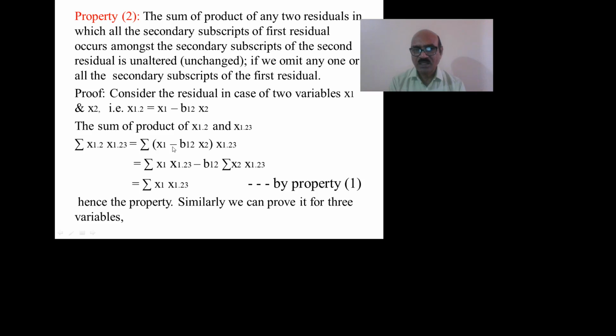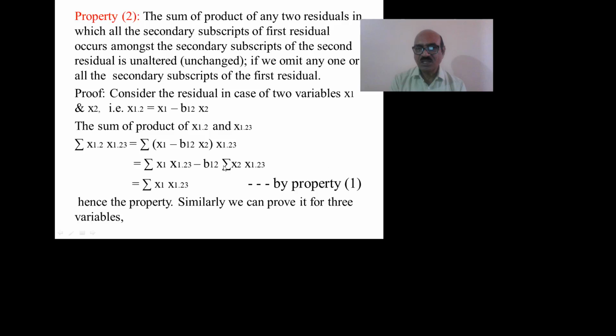Now I'll multiply inside the bracket and take separate sums, so it will be summation x1 into x1.23 minus b12, which is constant, I'll take it out, and this product and sum. Now this subscript of a variable occurs in the secondary subscript, therefore this product will be 0. This vanishes, we are remaining only with this. So I have deleted the subscript 2 from this one, and therefore this is the property. So this is for two variables.